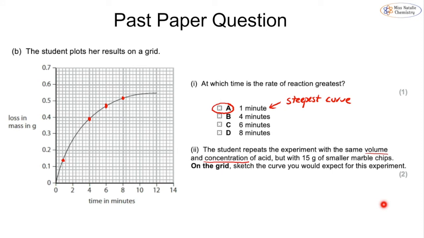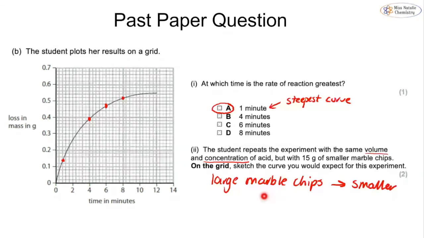So the student repeats the experiment with the same volume and concentration of acid, very important, but with 15 grams of smaller marble chips. On the grid, sketch the curve that we would expect. So before, we had large marble chips. Now, we have smaller marble chips. So we have decreased the particle size.